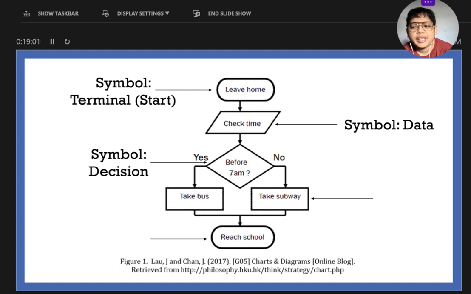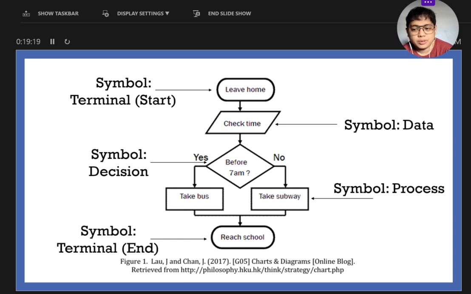Then after taking the decision, we use the process symbol, which indicates a specific action to be done, which is riding either a bus or a subway. And lastly, we have the terminal symbol, which we use to end or terminate the flow. So these are the symbols used in this flowchart.